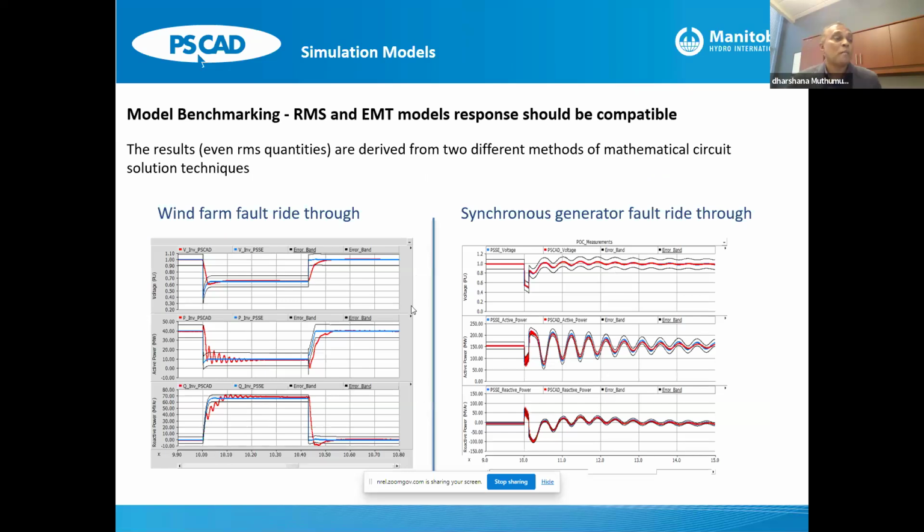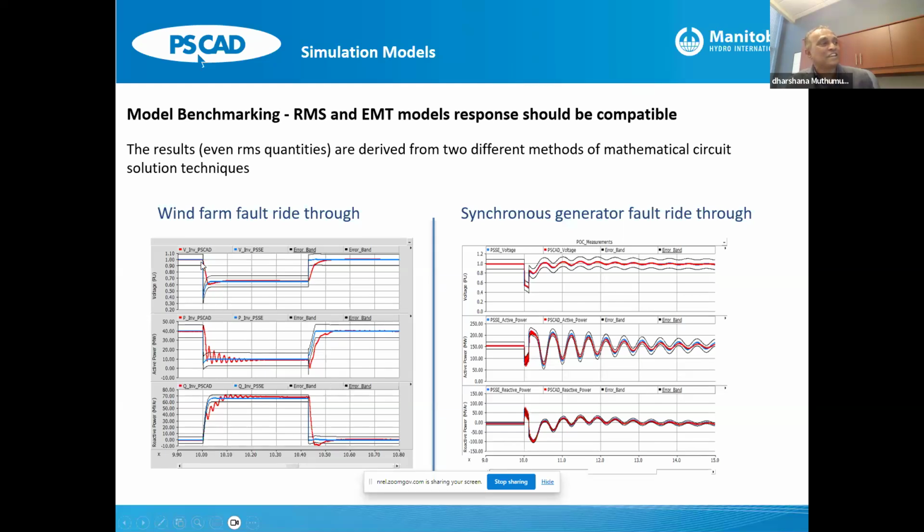And also model benchmarking. Like I said, RMS simulations would be an important aspect of system planning for years to come, in my opinion. So when you get EMT models and RMS models, you have to benchmark the models very carefully.